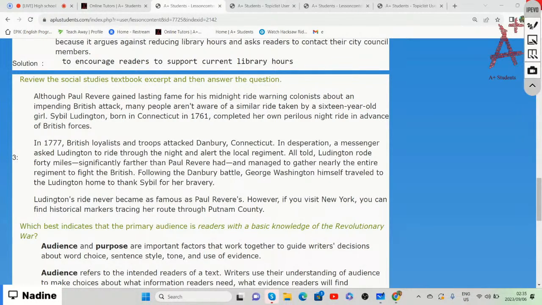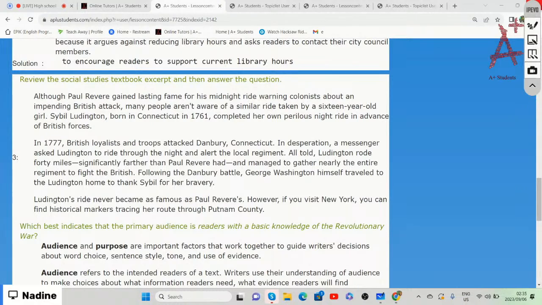Following the Danbury battle, George Washington himself traveled to Ludington's home to thank Sybil for her bravery. Ludington's ride never became as famous as Paul Revere's. However, if you visit New York, you can find historical markers tracing her route through Putnam County.